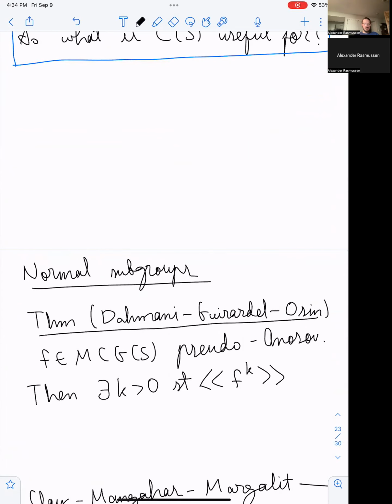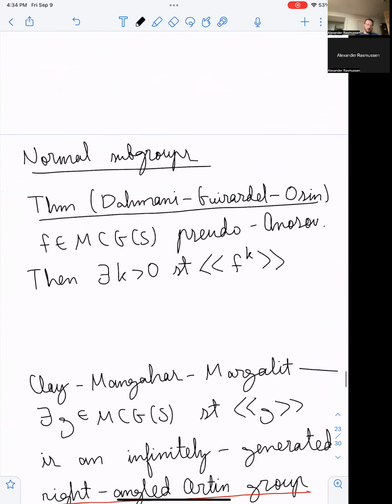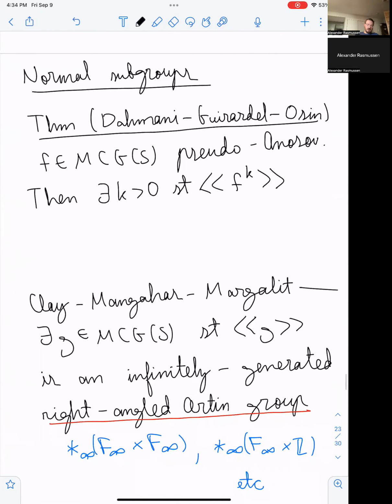So first of all, on the algebraic side, you can study subgroups and normal subgroups. In particular, you could, for instance, fix an element of the mapping class group and ask what normal subgroup it generates. So what is the smallest normal subgroup containing this element? This question was basically wide open for a long time, I think, until Dahmani, Guirardel, and Osin broke some huge ground on this.